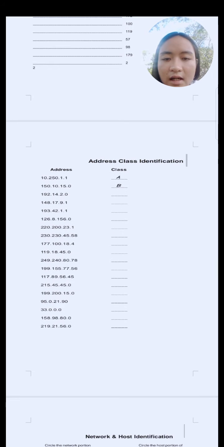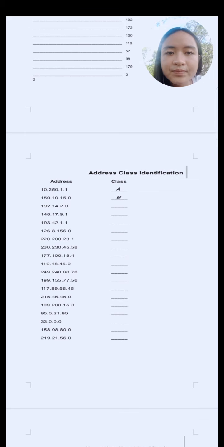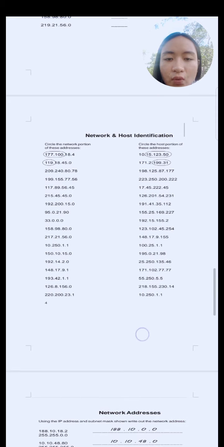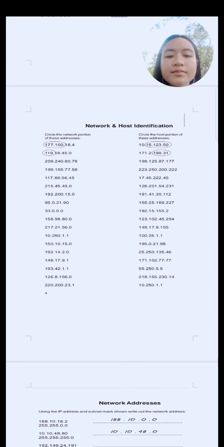Then next, address class identification. So for class A, the address is 10.250.1.1. Then let's proceed to network and host identification.